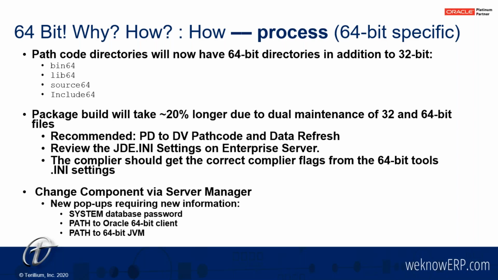When you initiate a package build and all of those source and include files get pulled and FTP'd up to the enterprise server, it has to pull both a 32 and 64-bit version of those, because until you go entirely 64-bit, which is a different story altogether as far as time frame, there is dual maintenance of the 32 and 64-bit versions of all these source files. So it's just reality that your package builds are going to take a little bit longer.